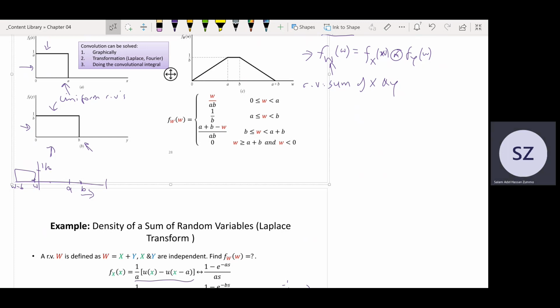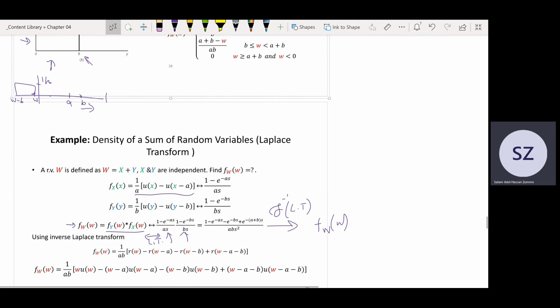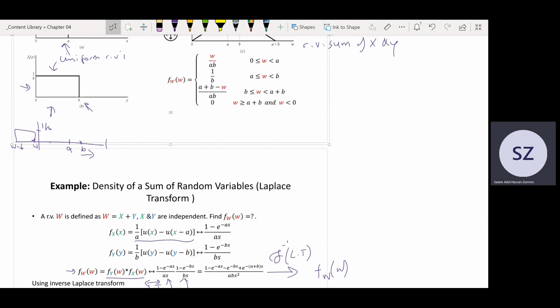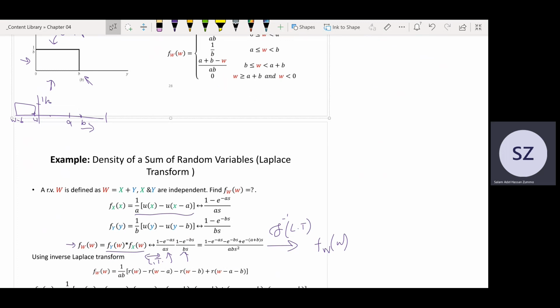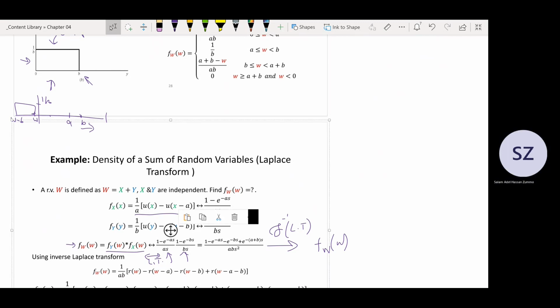However, at a, we subtract another step function of the same magnitude. So this gives you u of x minus u of x minus a, multiplied by 1 over a. Similarly, the PDF of y can be written in terms of u of y multiplied by 1 over b, minus u of y minus b.